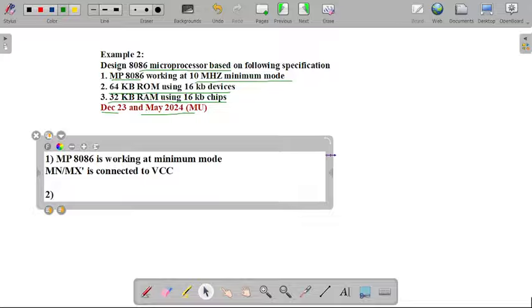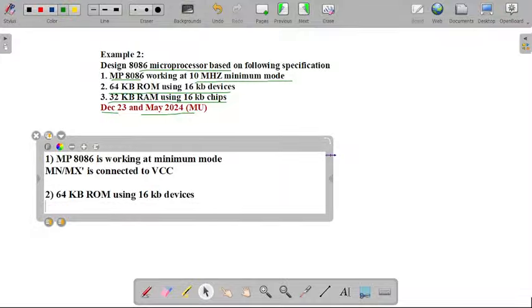Now the second one is what is given: 64 KB ROM using 16 KB devices. So here we first of all have to find out the total size of ROM.